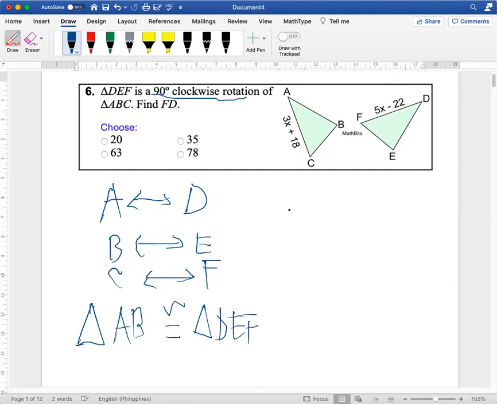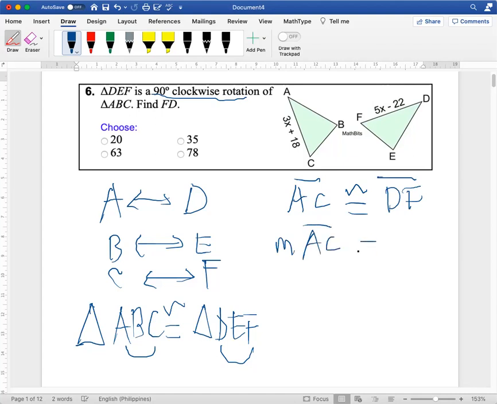It only means that segment AC is congruent to DF. Or we could say the measure of segment AC is equal to the measure of segment DF, or FD.